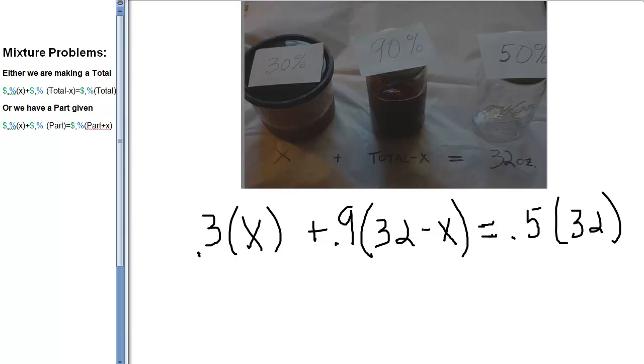So notice that the X unknown part plus the 32 minus X, the things in parens here, the X's will cancel or go to 0, and all we'll be left with is 32 ounces. This is the goal of the amounts. They must be balanced.